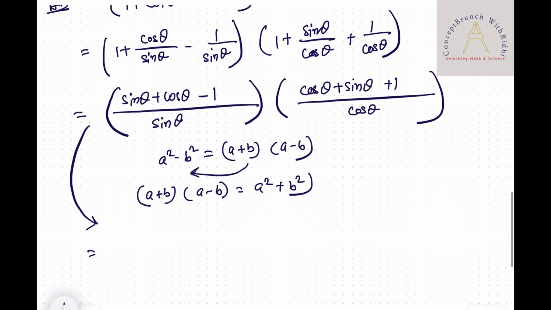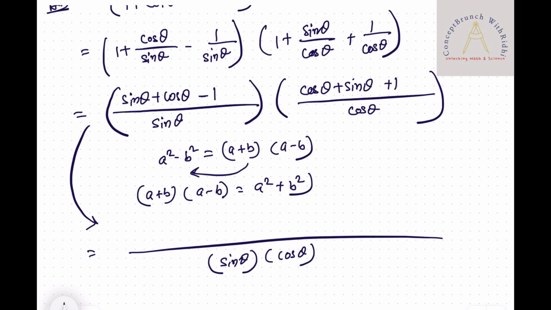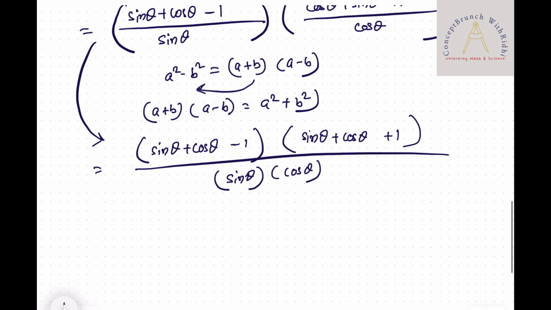Reorder it in a proper way. Can we write like that? Sin theta times cos theta. The upper part, can we write like that? Sin theta plus cos theta minus 1, correct? And this one, rearrange it. Sin theta plus cos theta plus 1, correct? Can we say this part as a and this part as b, correct?